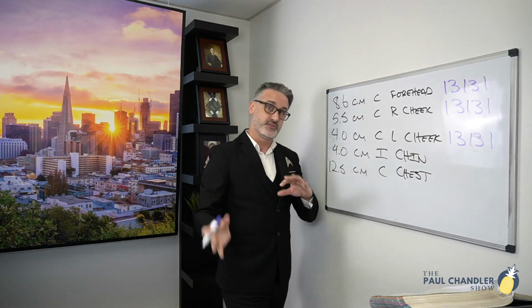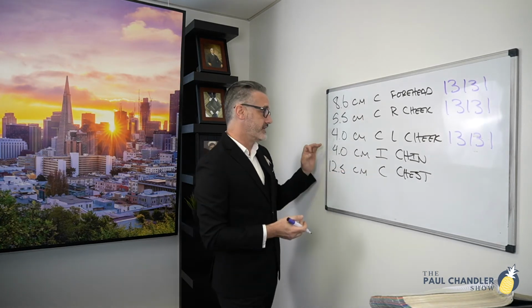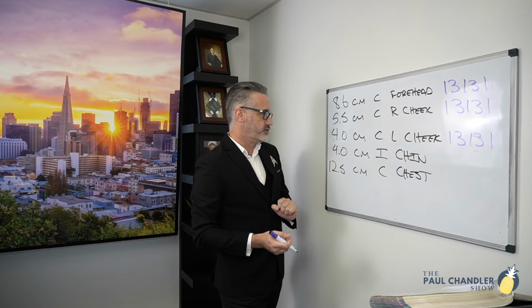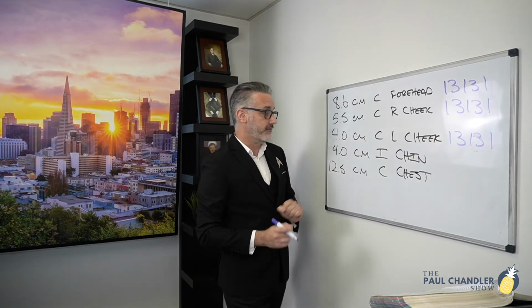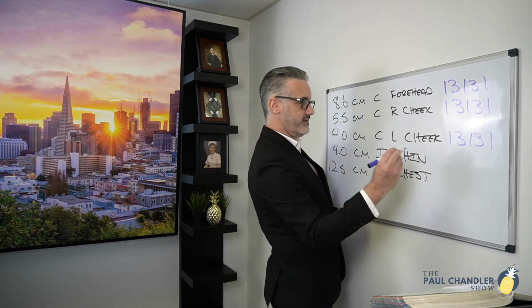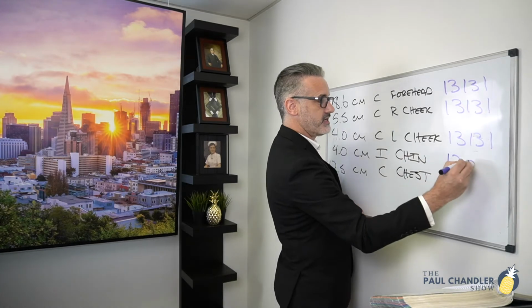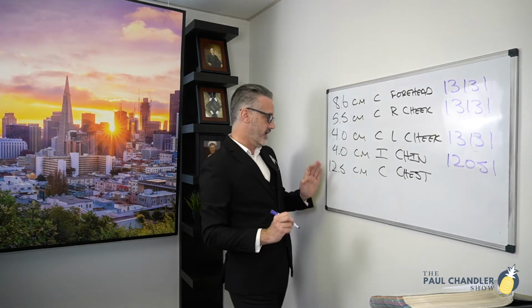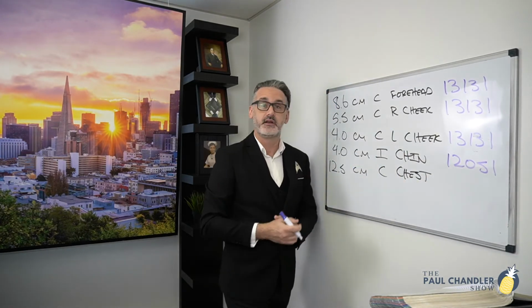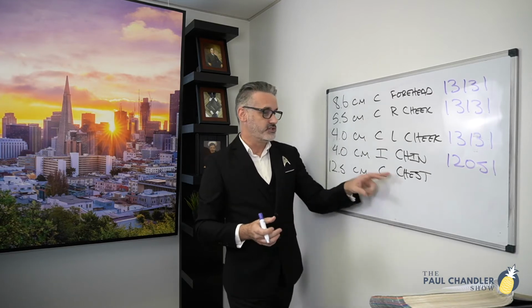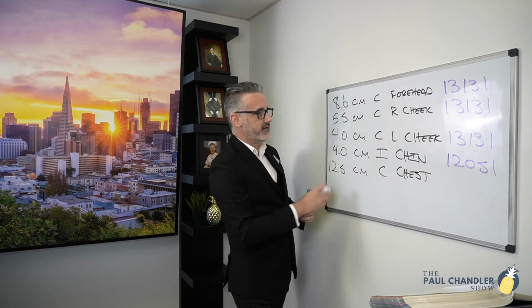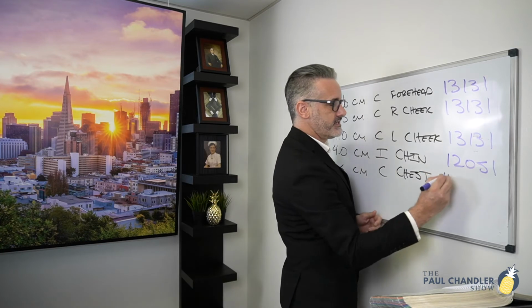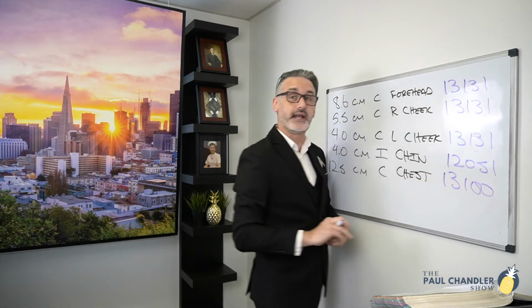Now intermediate repair, so we're in a different set of parent codes now. On the patient's chin, 4.0 centimeters would give us parent code 12051 to work with, and a 12.5 centimeter complex repair on the patient's chest would give us parent code 13100 to start working out with.